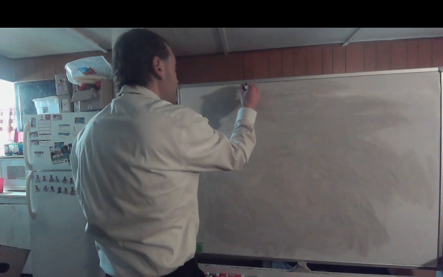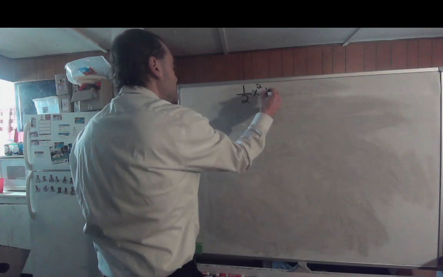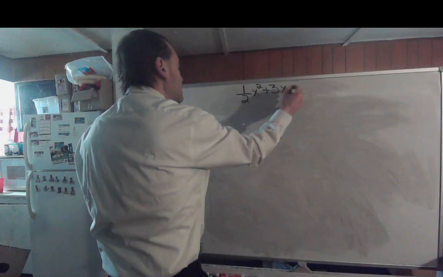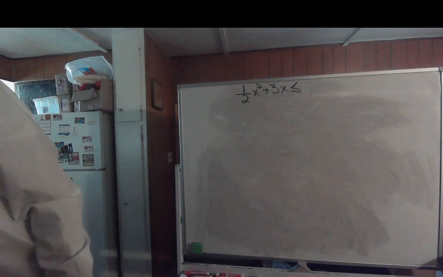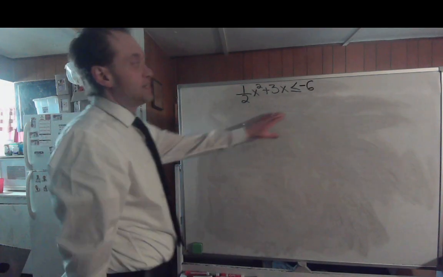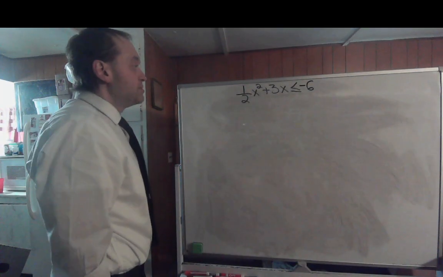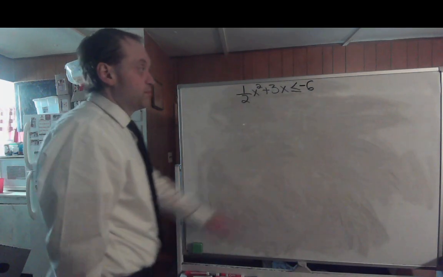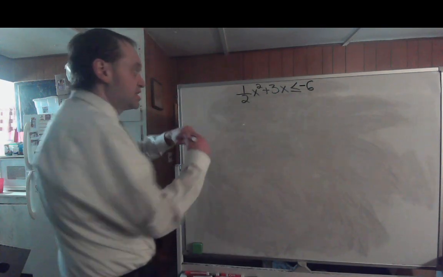So we have half x squared plus 3x is less than or equal to negative 6. Well, I'm definitely going to suggest we make to the right of the inequality sign a 0, so add 6 to both sides.